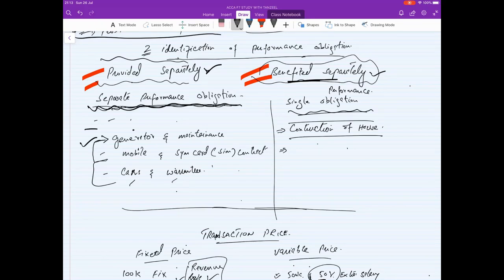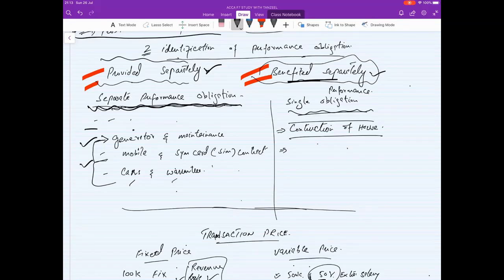Either way you get the benefit. And you can buy a mobile from anywhere, or the SIM separately anywhere. So it's provided separately and benefited separately. For me it's two obligations.